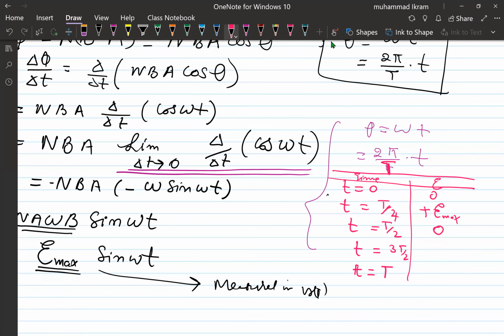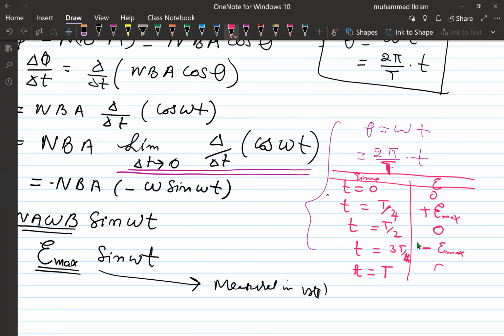So here when you have 3T by 4, it comes out to be 3 pi by 2, that is 270 degrees, so sine is minus 1, and it will become minus E max like this.